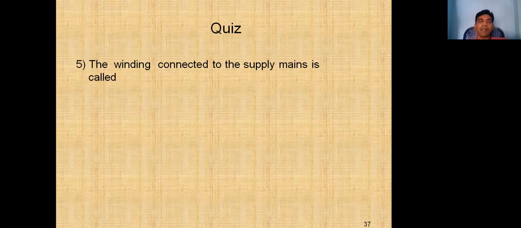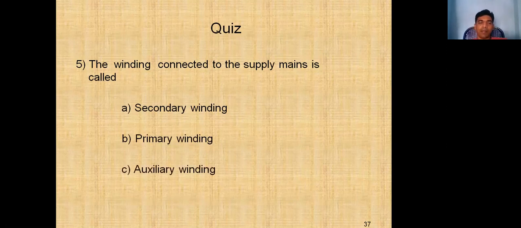The winding connected to the supply mains is called: option A, secondary winding; option B, primary winding; option C, auxiliary winding; option D, none of the above. The winding connected to the mains is called primary winding. The winding connected to the load is called secondary winding.